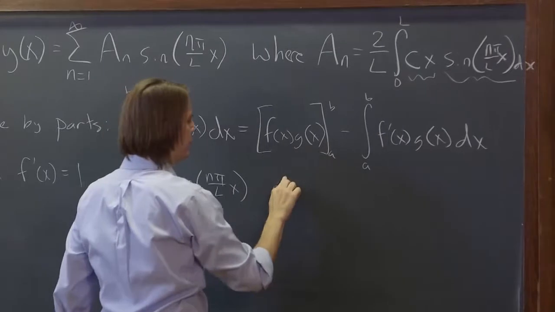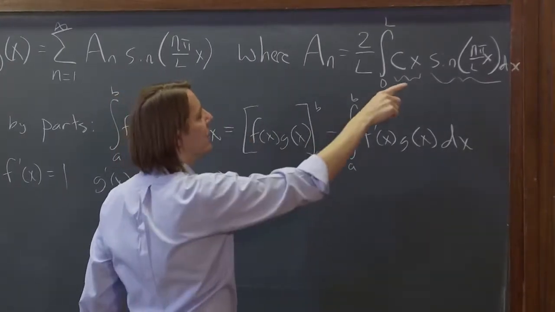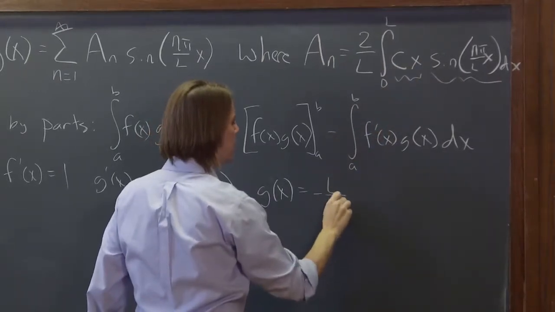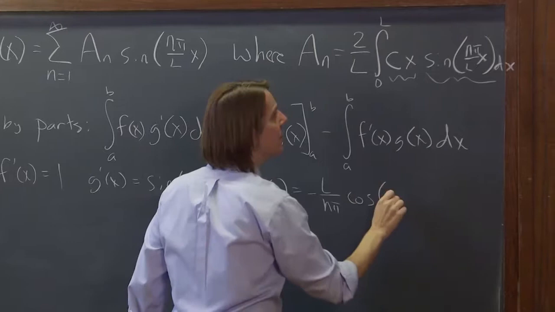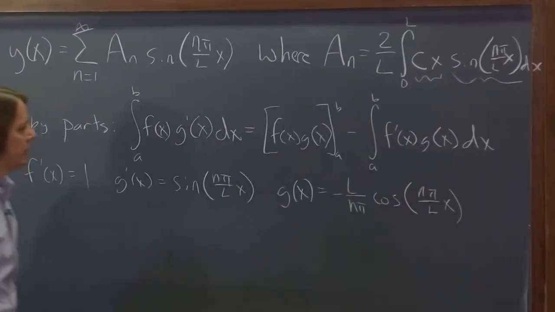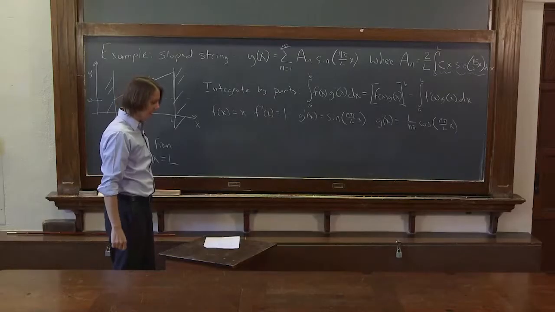Therefore, g of x must be equal to, let's go minus, and then L over n pi cosine n pi over L x. So there, I have my 4 parts, and now we can just write it down.